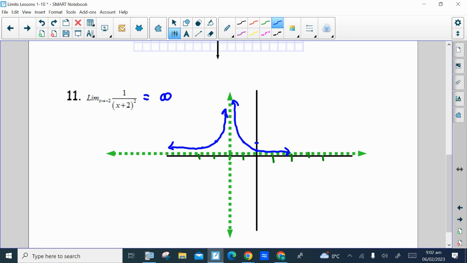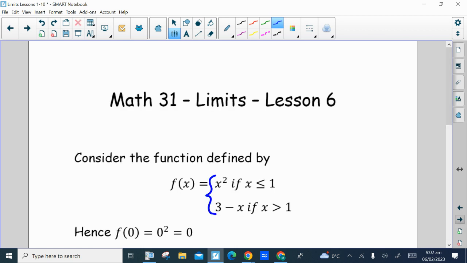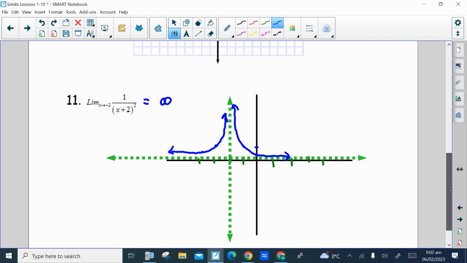It approaches a value of +infinity. And so that's the value of that limit. Okay? So again, sometimes you need to look at the graph in order to determine what the limit is, because there's nothing you can do to the equation to get rid of the non-permissible value. All right.